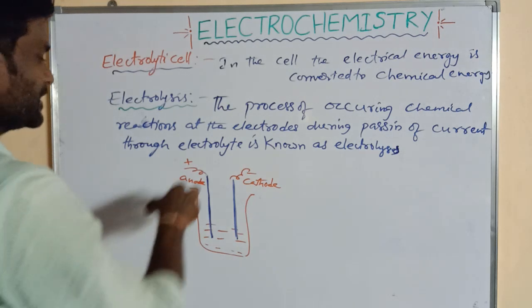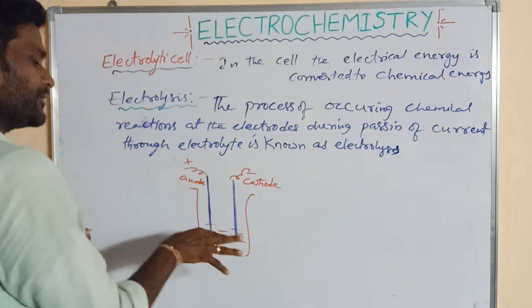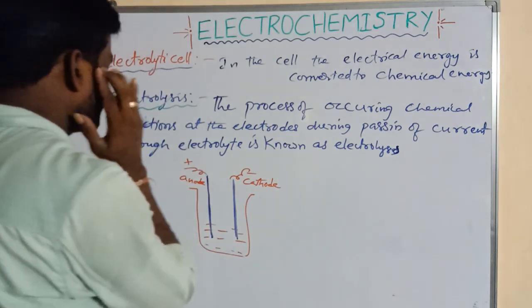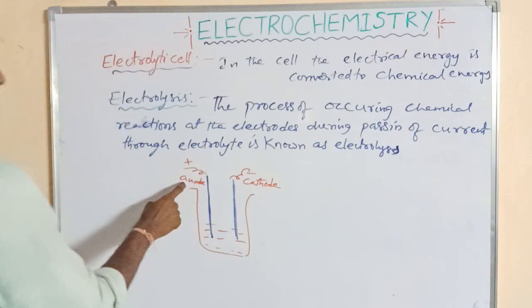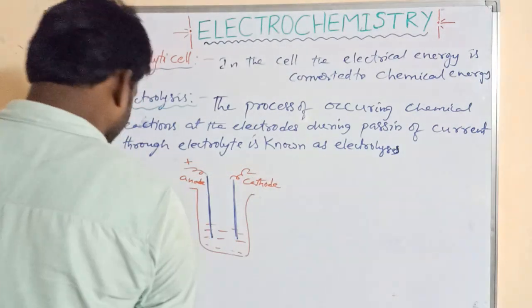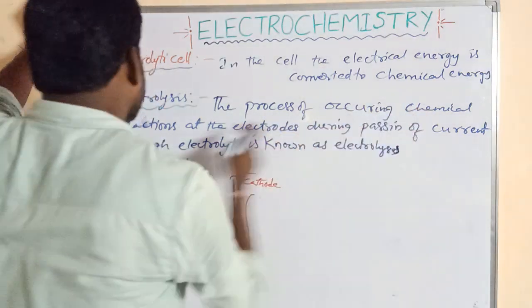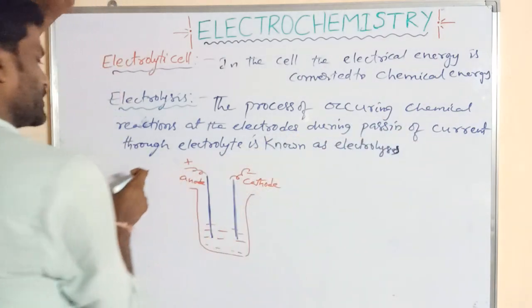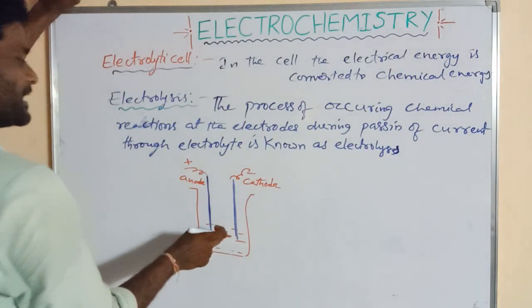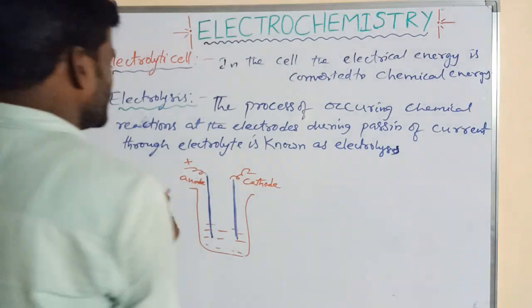In the electrolytic cell, two electrodes are dipped in the electrolyte and connected with a battery. The process of chemical reactions occurring at the electrodes during the passing of current. So we pass current, and when we pass current, chemical reactions take place at the electrodes.